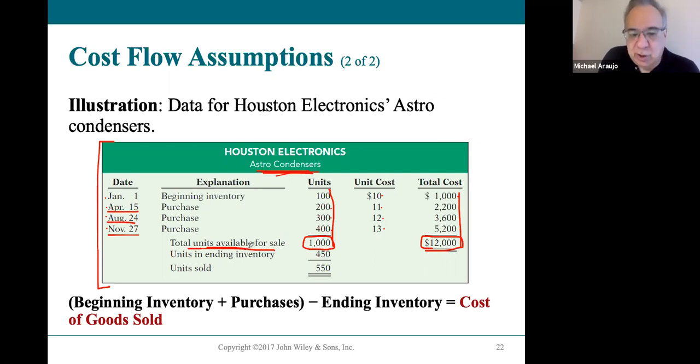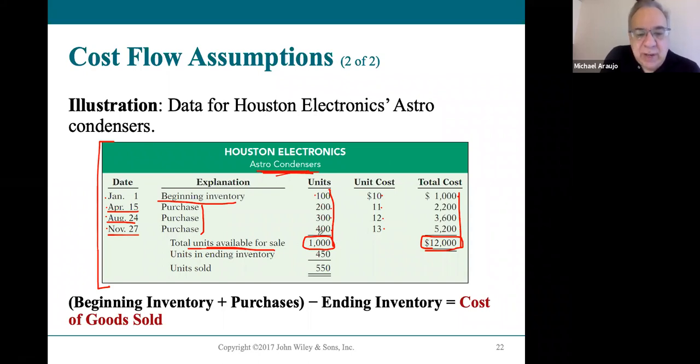So this is the total amount of units for sale, which is reasonable because you have beginning inventory of 100 and you have all your purchases. You purchased 900. So the total is 1,000. Those are the number of units. You paid $12,000 for these 1,000 units.